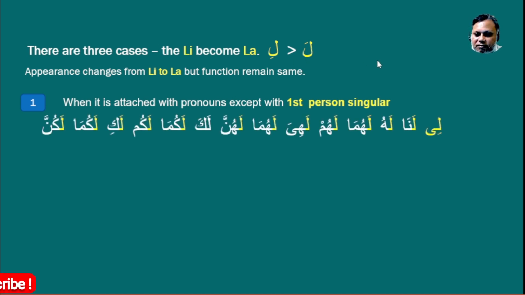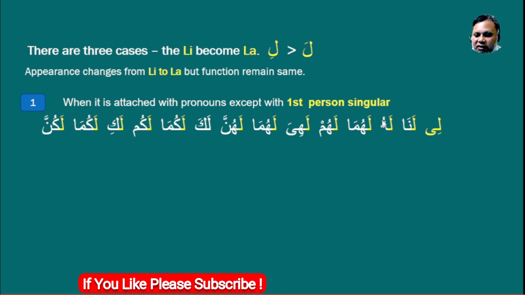Like this. The first ia is "me." For I, ana, is the subject pronoun, and the ia means the object pronoun for me or my. Li means for me or for my. And whenever you use na, meaning us, lana. Na, we, attached with li, the li becomes la, lana.